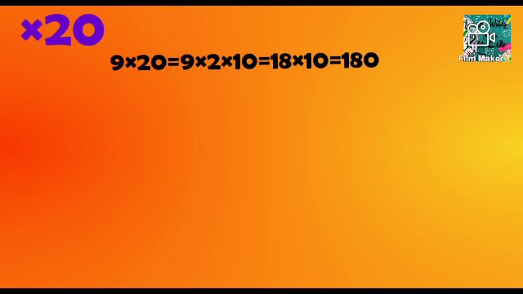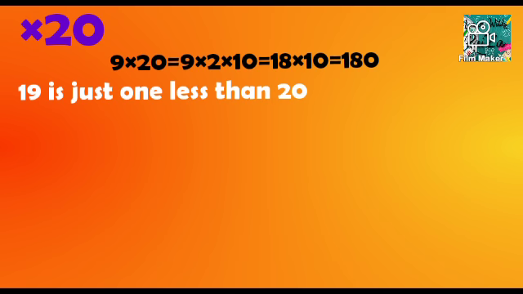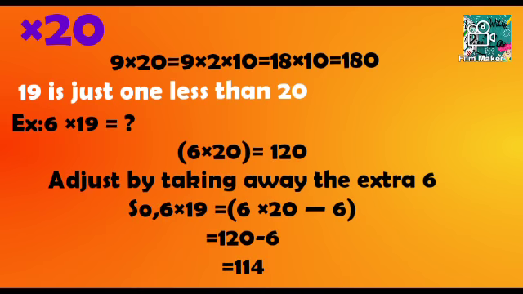Likewise, we can use this fact to find quick methods of multiplying by 19 or 21, because 19 is 1 less than 20. So for example, 6 by 19. If somebody asks you to multiply a number by 19, then first of all multiply it by 20. So 6 by 20 is equal to 120.